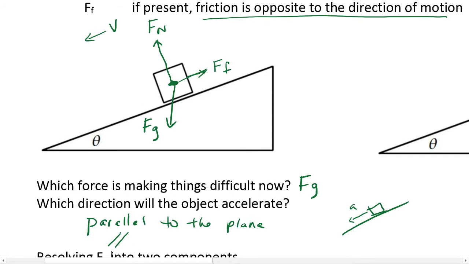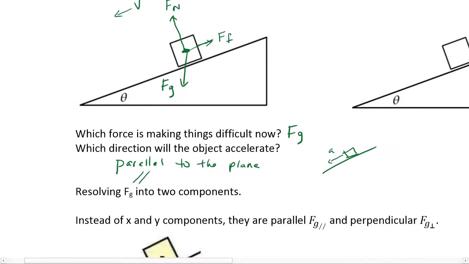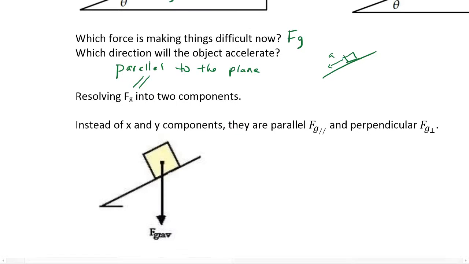Okay, so what we can do is we can resolve the force of gravity into two components. We can take Fg here and we're going to resolve it into this one here, which I will call Fg perpendicular. It'll have that little subscript, not a letter but a symbol, so this will be Fg perpendicular.